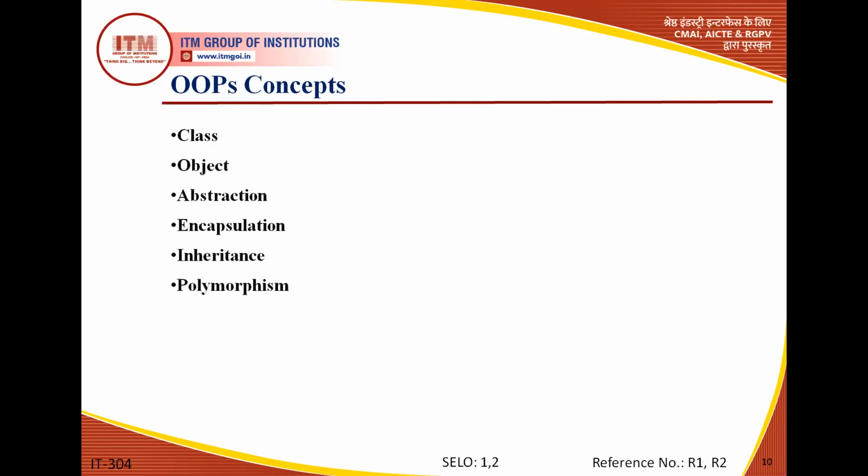As you can see here, previously we have seen these four concepts: abstraction, encapsulation, inheritance, polymorphism. But I have included these two also, so that you can get a clearer understanding about the classes and objects. So students, let us explore this concept.